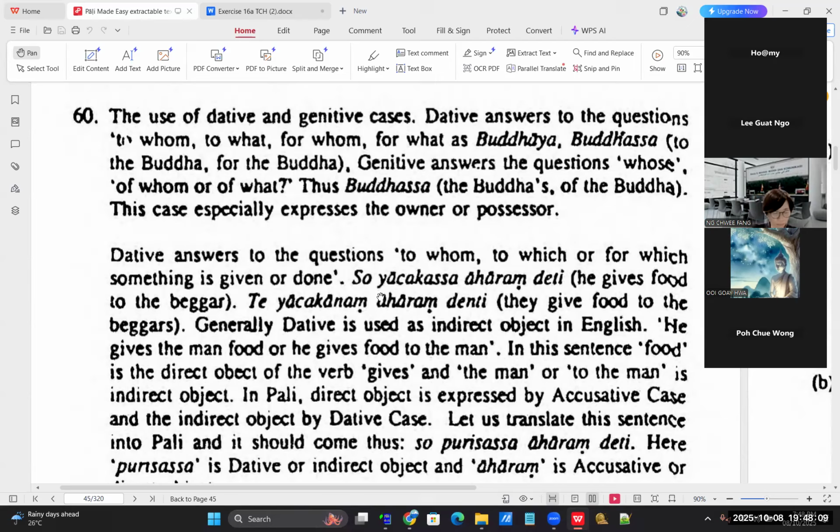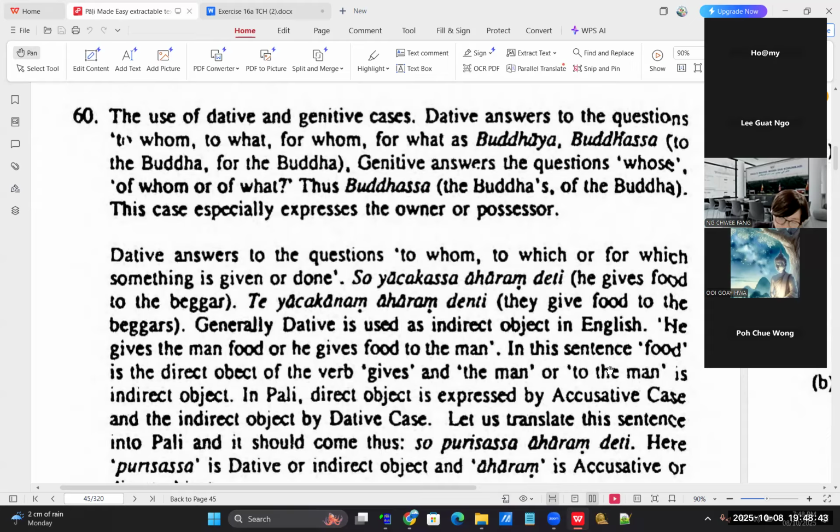Okay, so next one. This is the plural. Te, so it becomes te. Yachakasa will become plural: yachakanam, noun, dative, plural. Aharam is singular. Denti. So also, aharam is a direct object. Yachakanam is an indirect object. Right? So dative is generally used as an indirect object.